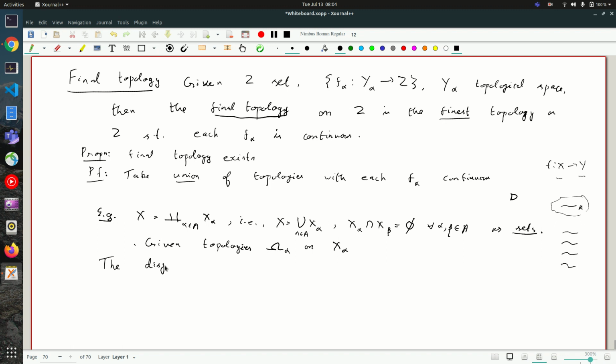Okay. Then the disjoint union topology. Now this is going to be the final topology such that the set of all inclusion maps I alpha from X alpha to X is continuous for all alpha.